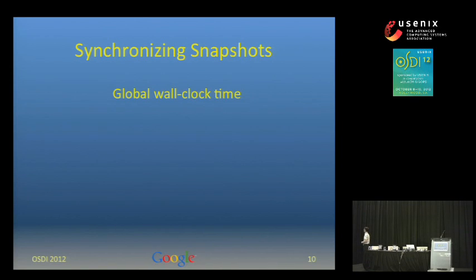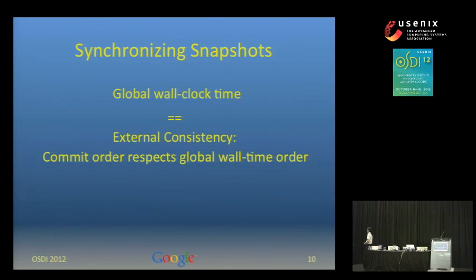So how are we going to provide these synchronized snapshots? Well, what we intuitively want is some notion of global wall clock time. That is, we want to be able to say, take a snapshot at this absolute time across machines, across data centers. It turns out that this property is equal to a theoretical property called external consistency.